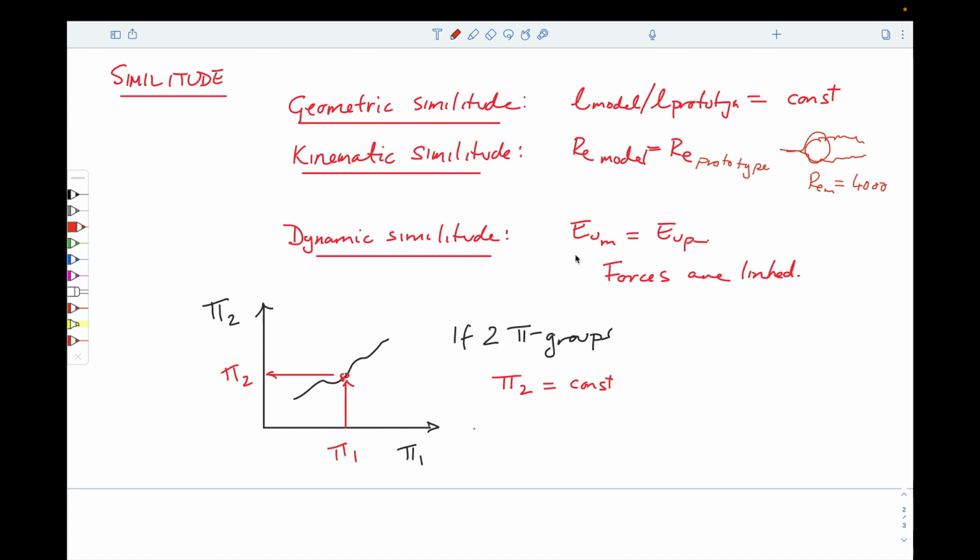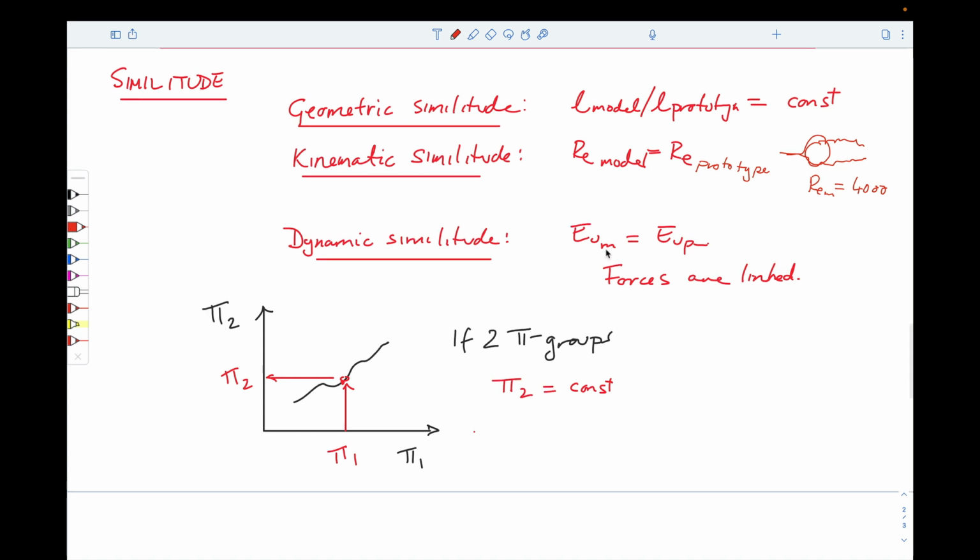And then if we want to calculate what the forces or pressures are between the model and the prototype, then we make sure that the Euler numbers between those systems match as well. In other words, we look at dynamic similitude. So if we measure the forces on a structure in a wind tunnel, which is a model, then we can convert those forces on the model to the forces on the prototype merely by making sure that the Euler numbers are the same.